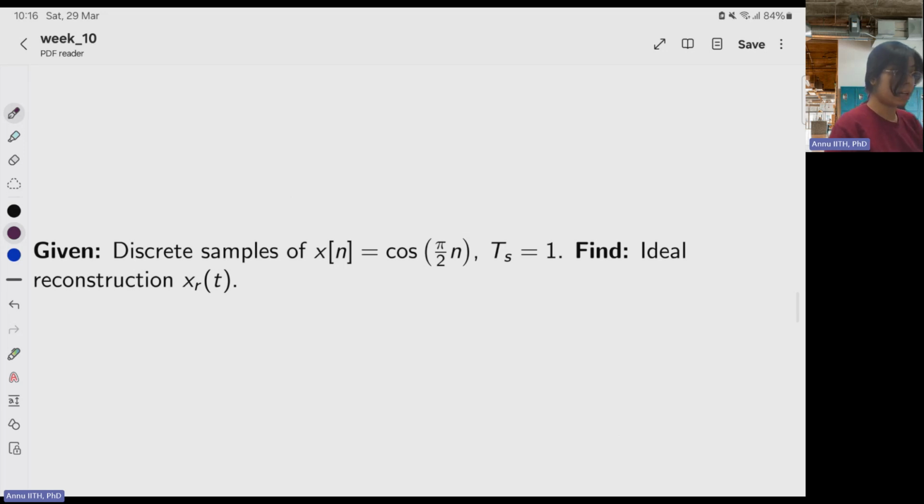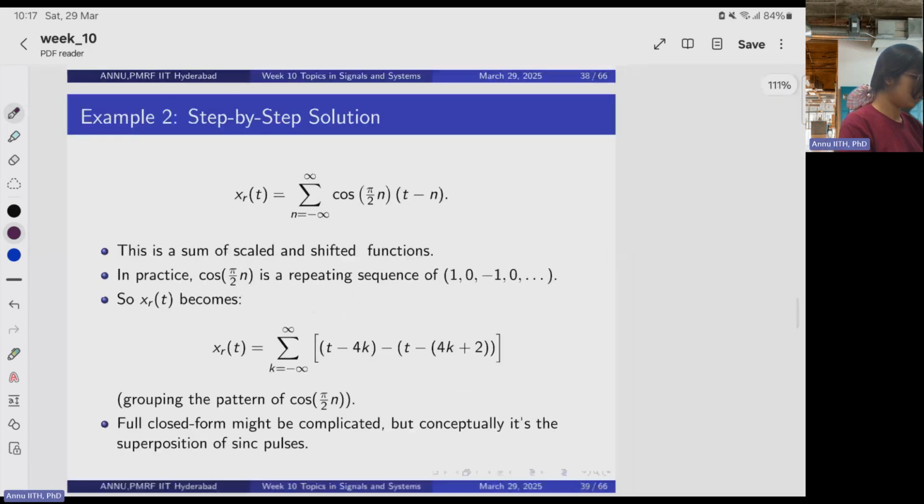It's not an approximation, it's ideal. So how will you solve it? These are the step-by-step steps.